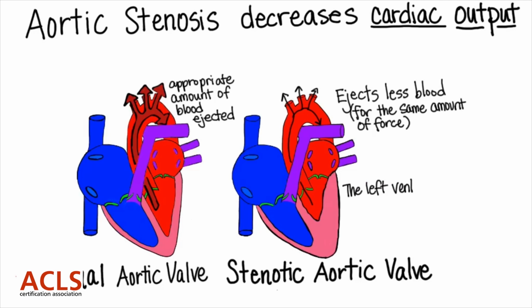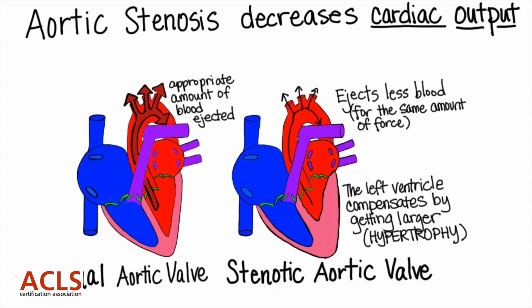The left ventricle compensates by getting larger. This is called hypertrophy. An echocardiogram, which is an ultrasound of the heart, can confirm left ventricular hypertrophy and aortic stenosis. It may even reveal the news that the patient was born with a bicuspid aortic valve.